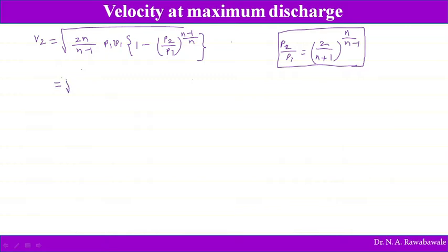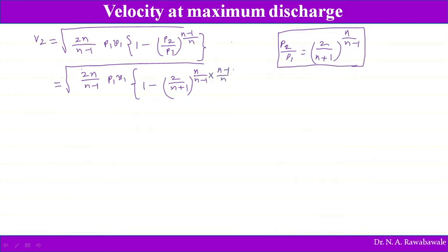So square root of 2n divided by n minus 1 p1 v1 as it is. One minus p2 divided by p1 is nothing but 2 divided by n plus 1 to the power of n divided by n minus 1. So this power into this power is n minus 1 divided by n.